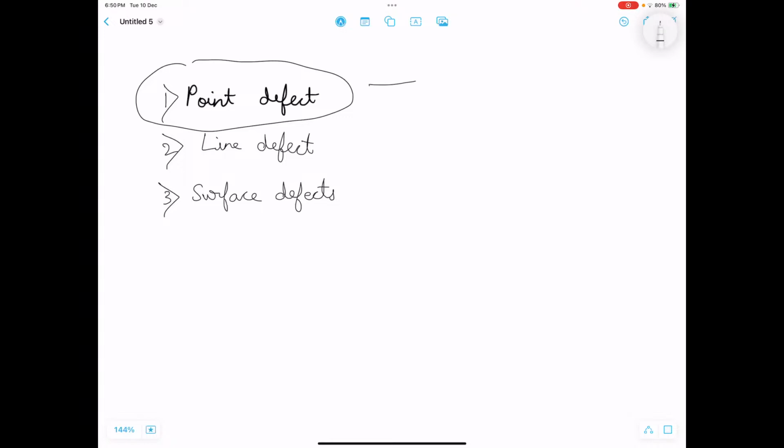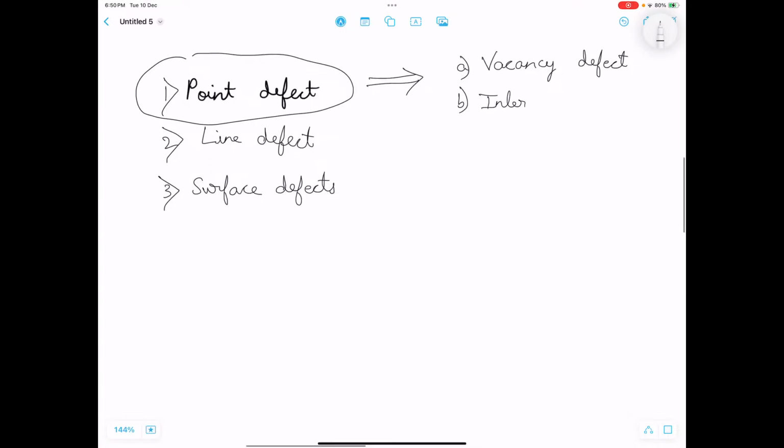Also you can classify them as vacancy defect. Second one is interstitial defect. Third one is substitutional defect.